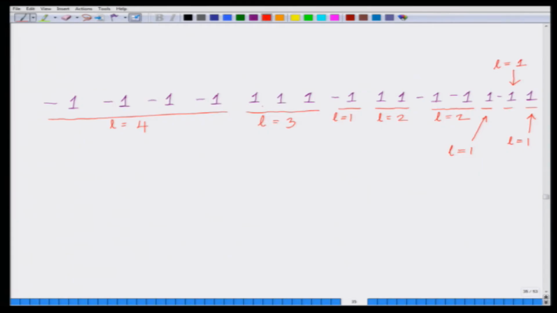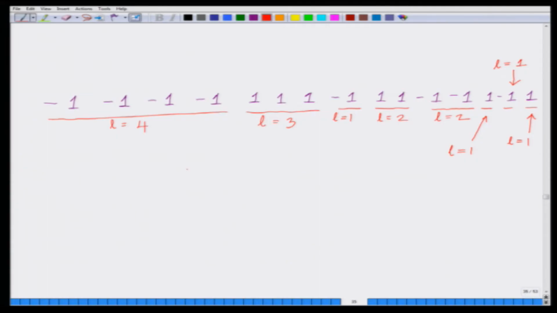I have the second string of length equal to 3, that is 3 consecutive plus 1 symbols. I have one string of length 1 which is a minus 1, one string of length 2 of plus 1 symbols, one string of length 2 of minus 1 symbols, again 3 strings of length 1 each, 1, minus 1 and 1.